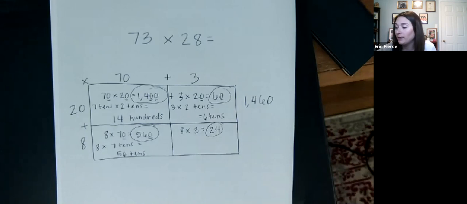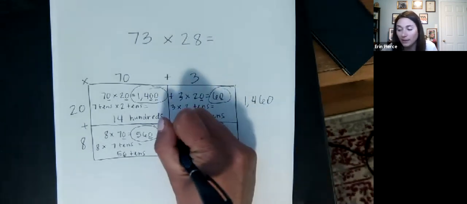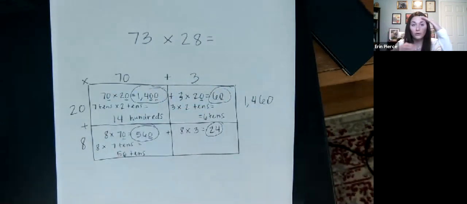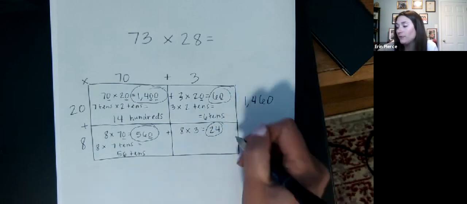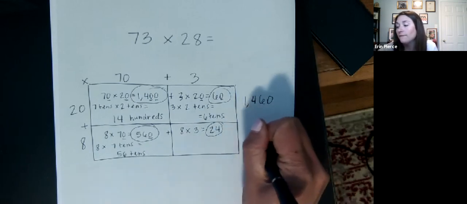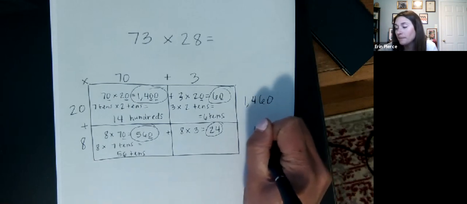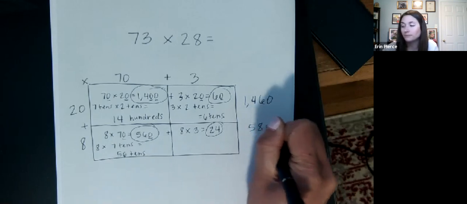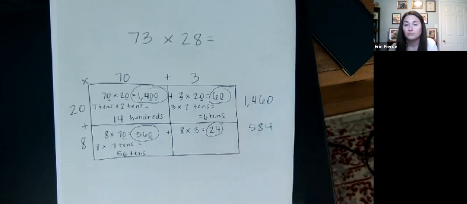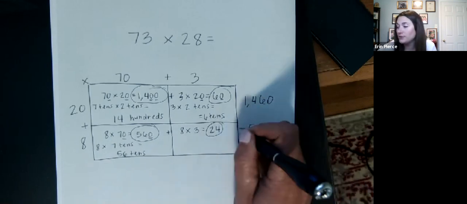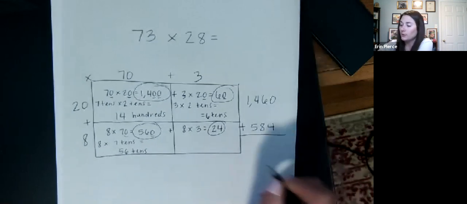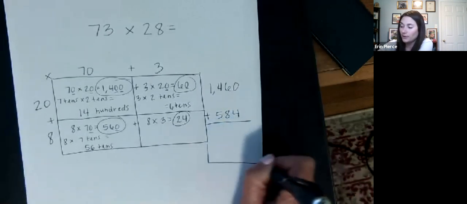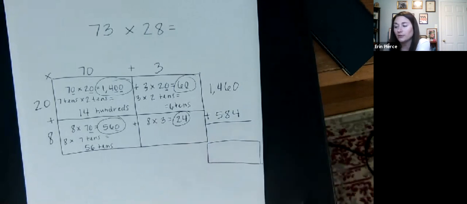My second line, when I add these two, again, if you need to put it over top of each other, that's fine, and add them, but your answer will be 584, right? When I add those two together, that's where we have our little square down here, and we have our total.